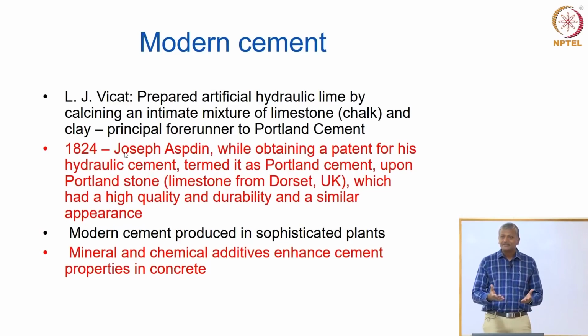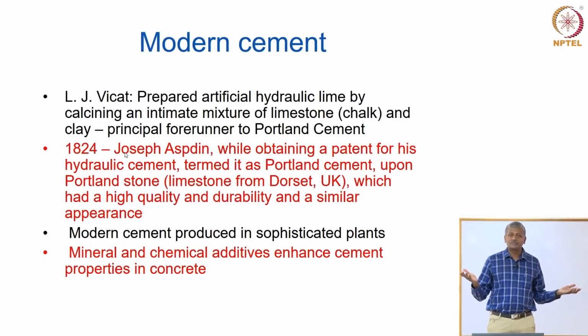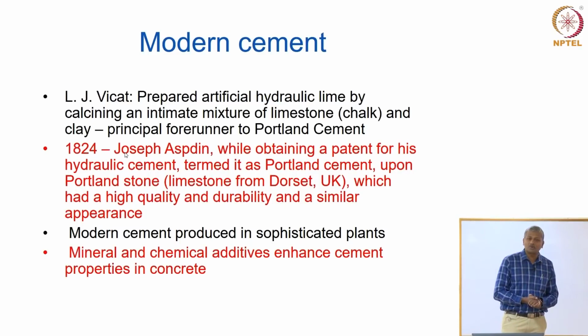So from that, Joseph Aspdin gave it the name Portland cement, and this Portland name got stuck with people, and people are still using it today, in spite of the patent having been obtained in 1824, and the patent probably must have gone out 100 years ago maybe. The patent is no longer valid, but we still call the cement Portland cement.